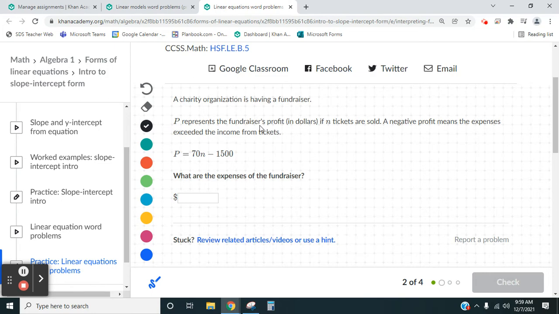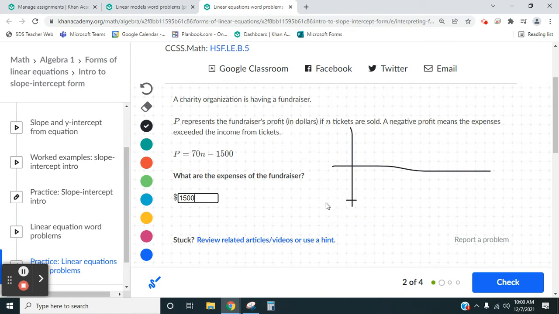What are the expenses of the fundraiser? 1,500 is correct. How can you tell? Well, there's 2 ways you could think through this. You start off with a bunch of stuff that you bought to make this fundraiser look really awesome, right? You bought a bunch of food. Maybe you hired somebody to come in and speak. That costs money.